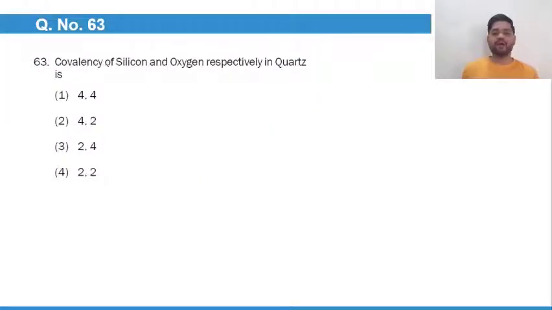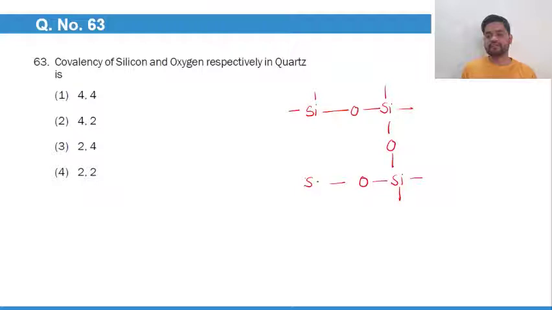63. Covalency of silicon and oxygen respectively in quartz is. Quartz is something like this: silicon, oxygen, silicon, oxygen, silicon, and oxygen.